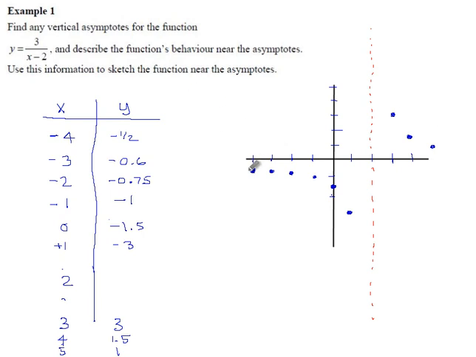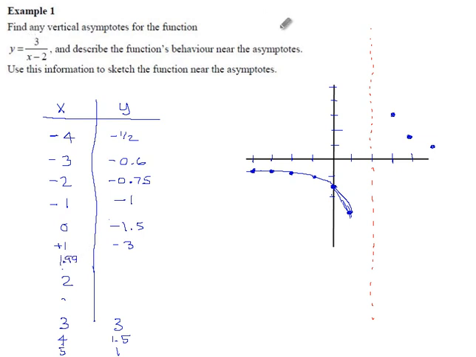So if you sketch more points, you find that the curve does this and curves down and curves down. It starts to curve very sharply here. And it turns out it just drops as you get very close to 2. For example, if I put in 1.99, very close to 2 but not quite, what happens to this function?